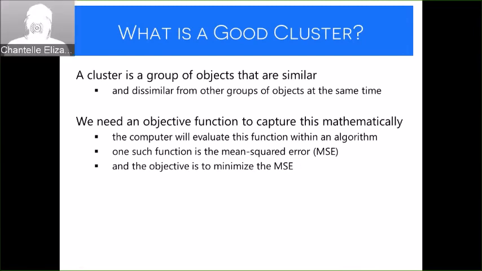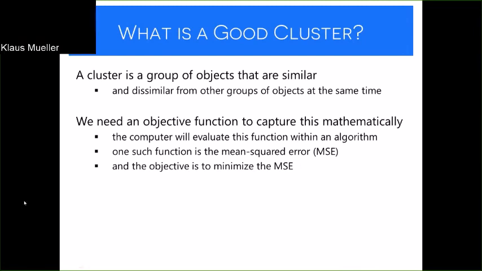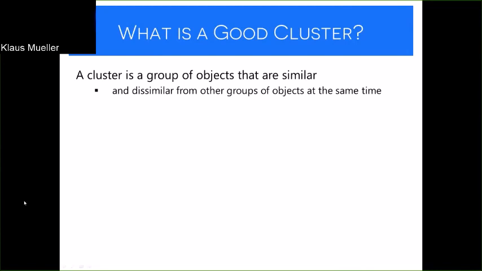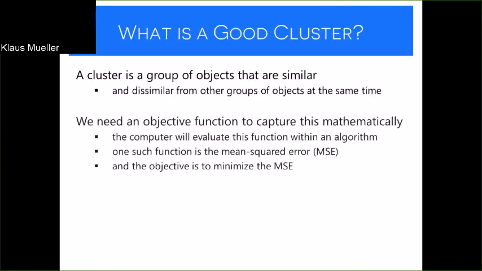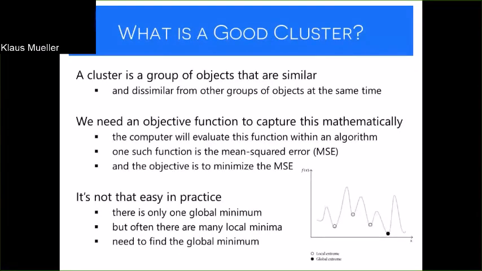One way to judge clustering is the mean squared error, which you can optimize for. But the problem is that you want to find the clustering with the smallest mean squared error, and sometimes you may not reach it.